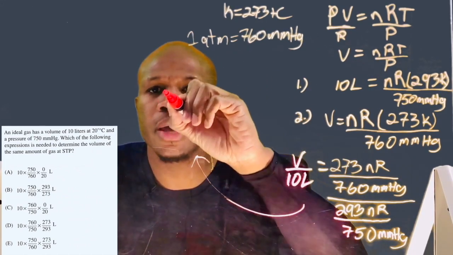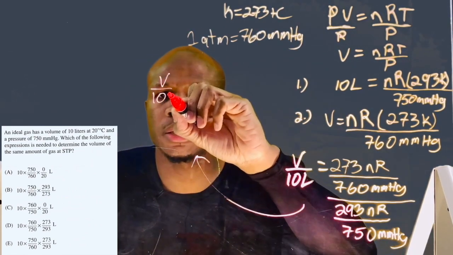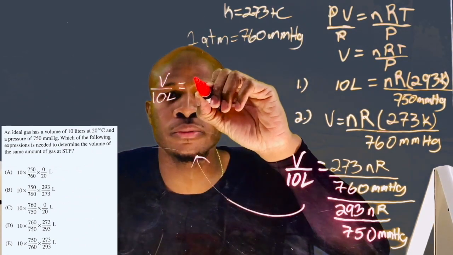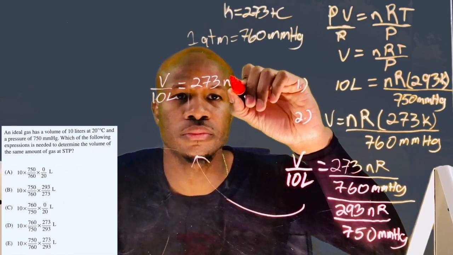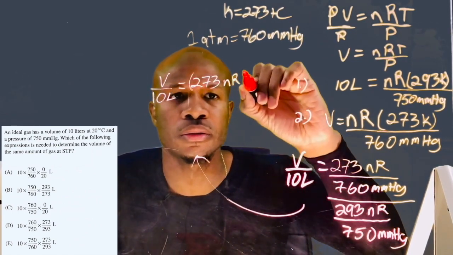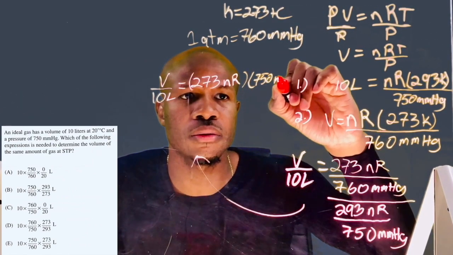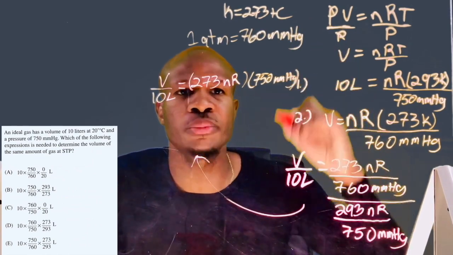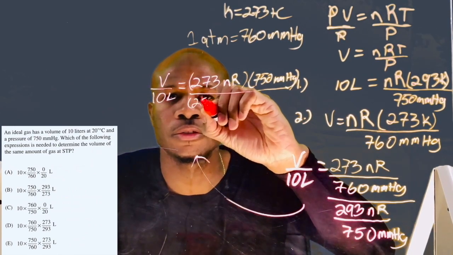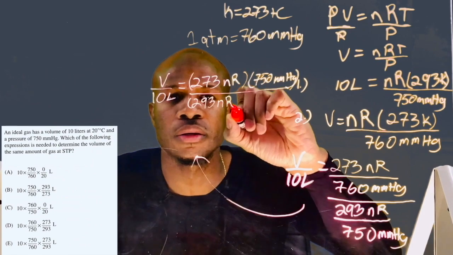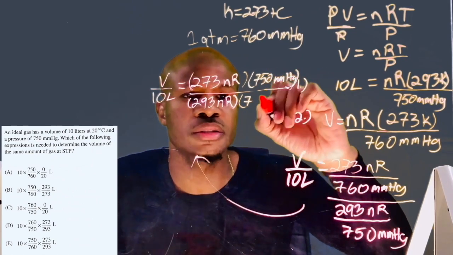On the left side, I'll still have V over 10 liters, which will equal 273 nR times 750 millimeters of mercury divided by 293 nR times 760.